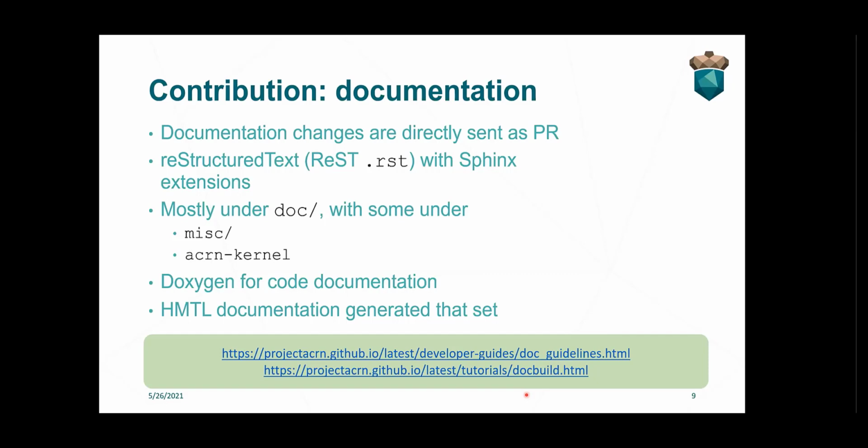We assume that people don't necessarily want to build documentation, and so this is a separate build target with a separate set of requirements. If you want to venture in that space, you need to take a look at that document and read through it to make sure you have got all of the tools installed on your system for that.